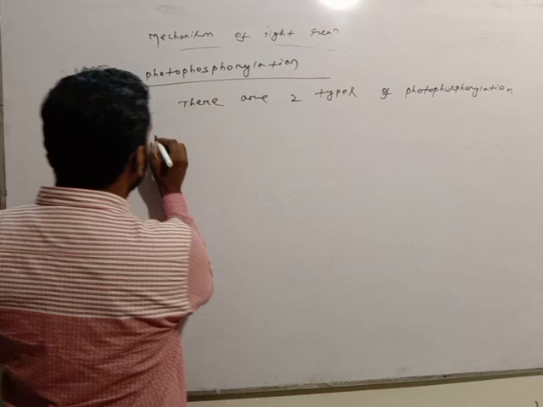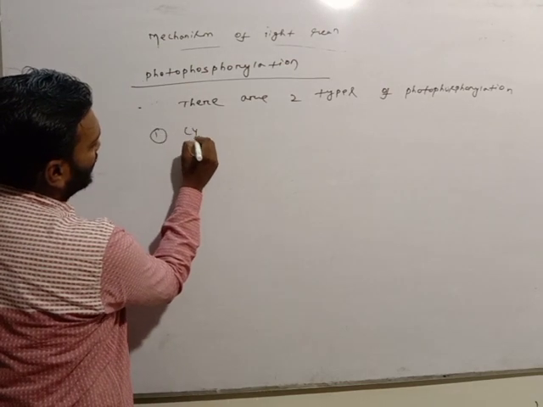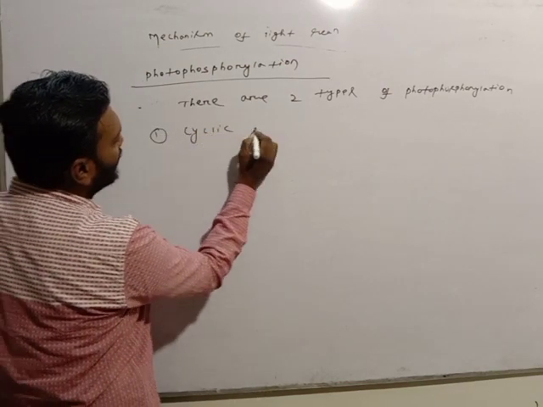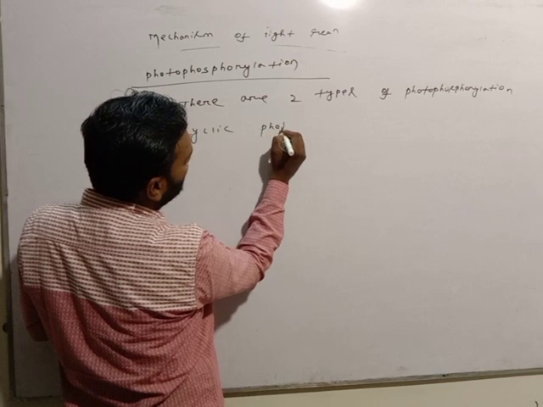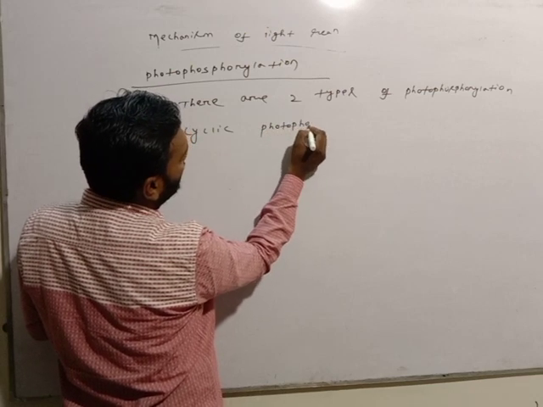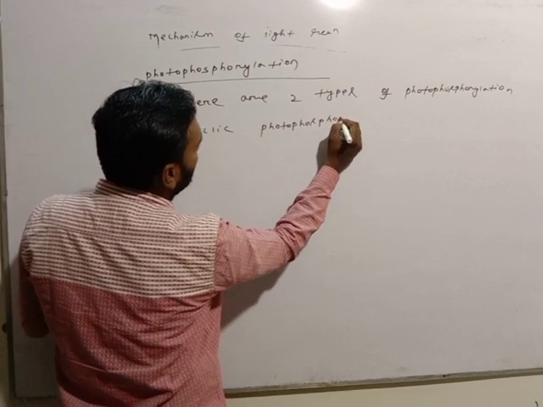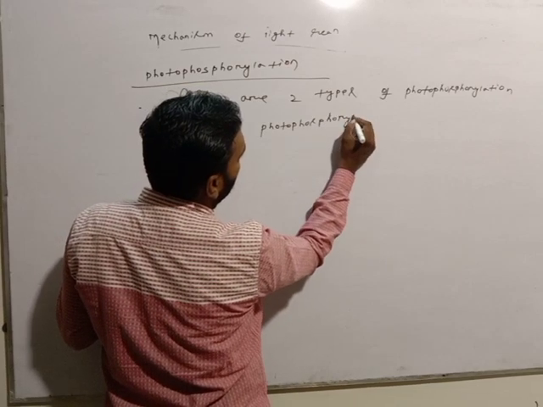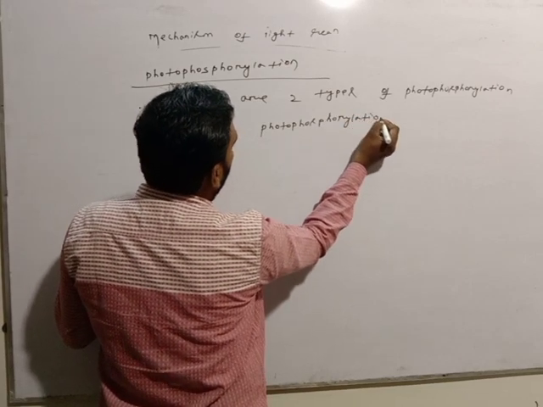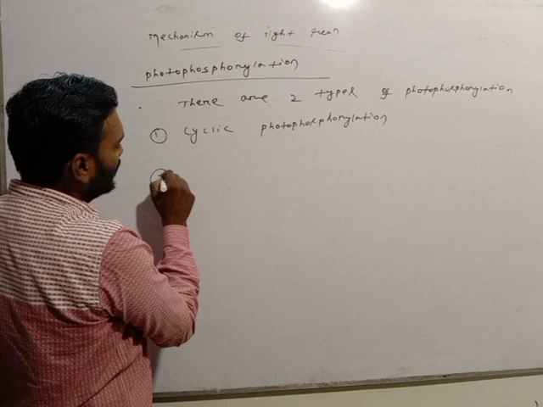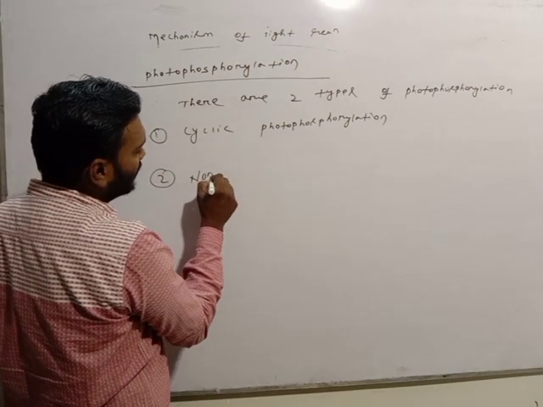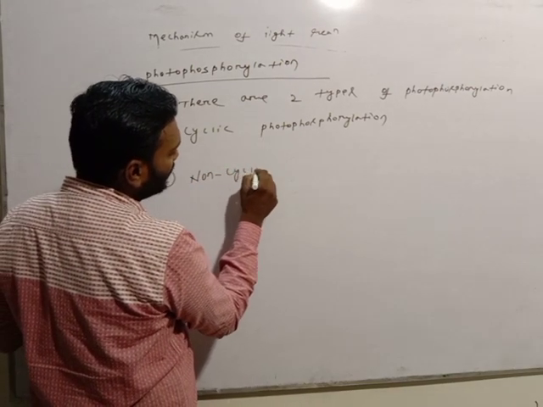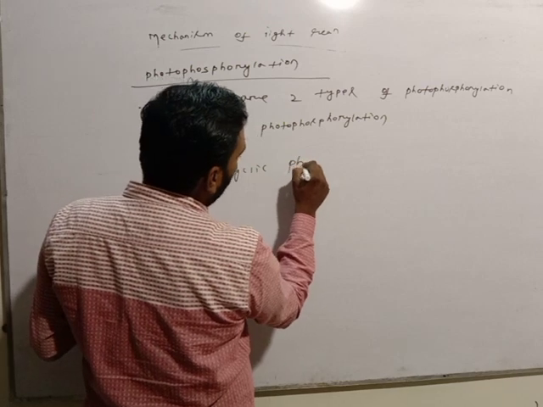Number 1 is your cyclic photophosphorylation, and number 2 is your non-cyclic photophosphorylation.